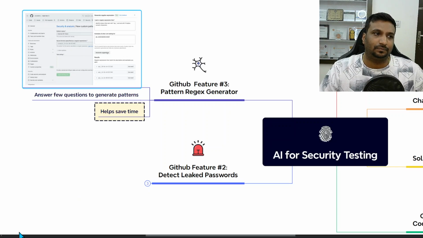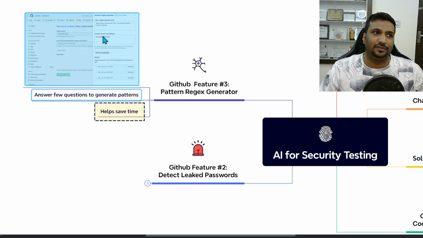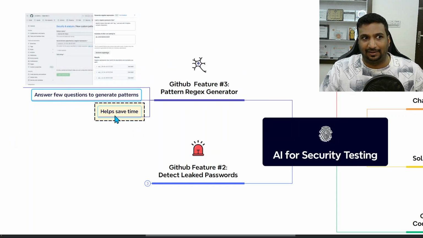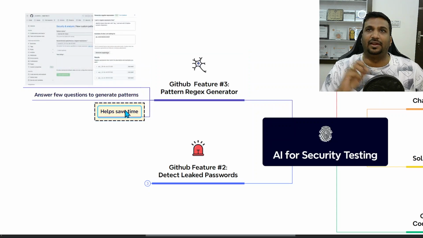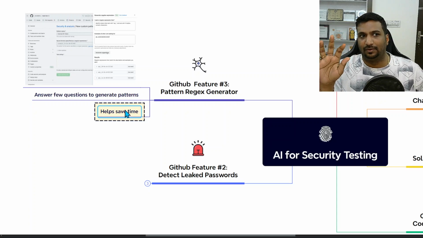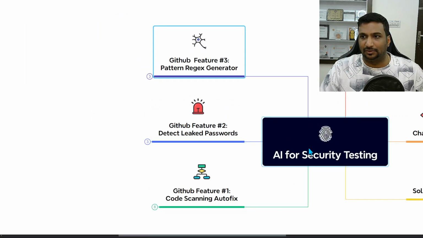It then generates patterns which you can use for your security analysis, like looking for this pattern in the code. It helps you save time, because crafting regex is a crucial but laborious aspect. So generating such regex and validating it in the code, using GitHub to generate it with AI, is pretty powerful.